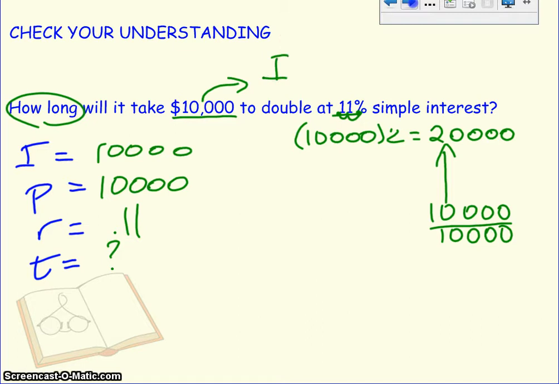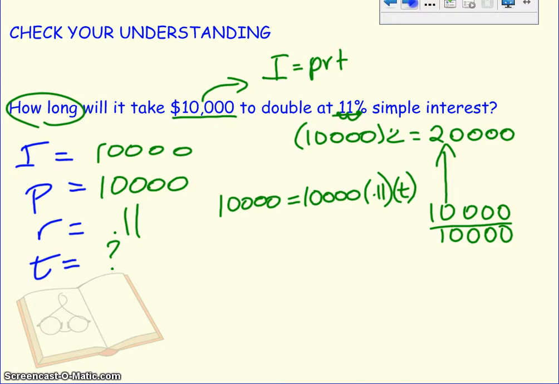Plugging it in to my I equals PRT, I've got 10,000 equals 10,000 times 0.11 times the time. When I multiply 10,000 times 0.11, I actually get 1,100 times T equals $10,000.